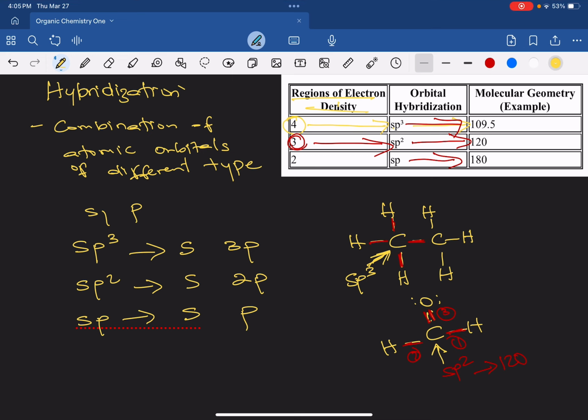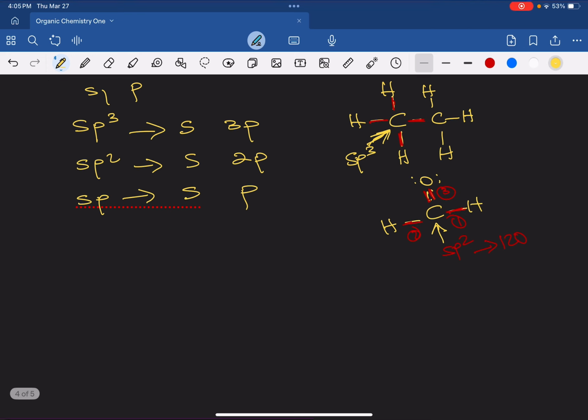Now, what do we really mean if you want to go into details? What do we really mean when we say that a carbon is sp3 hybridized? It's pretty simple. Remember in your carbon atom from what we learned earlier, your 2s orbital and the 3 p orbitals are in your valence shell, right? So remember we have your p orbitals in the x direction, the y direction, and the z direction.